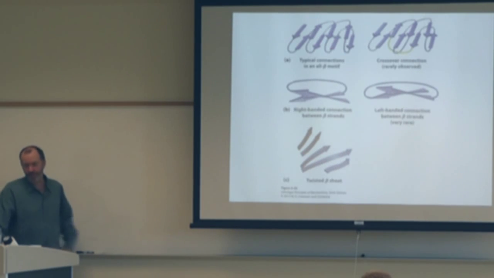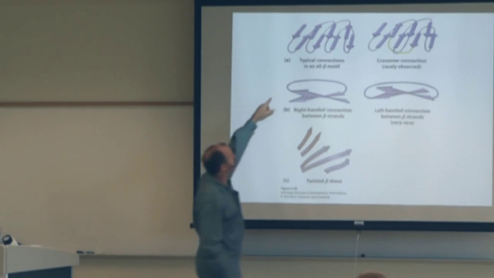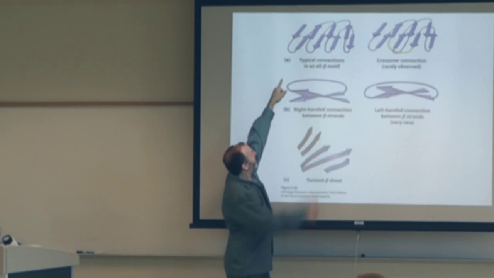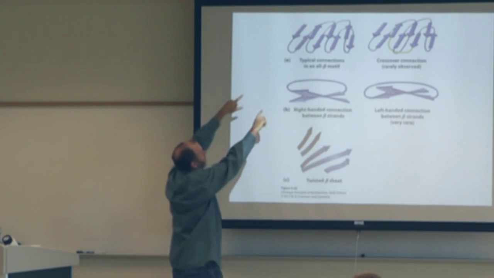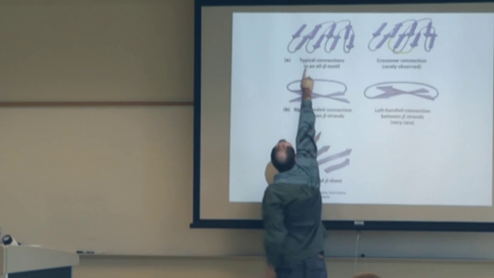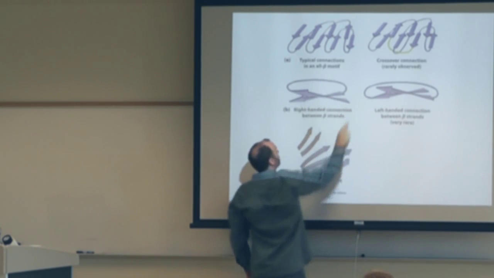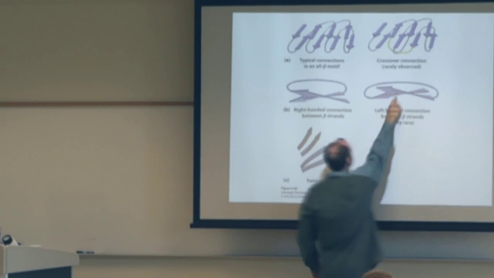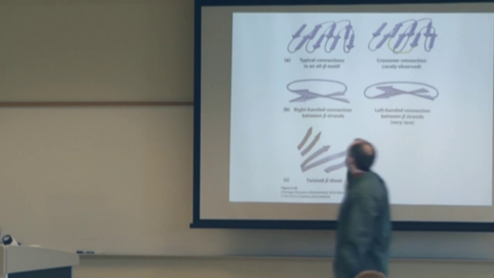You can also have typical connections in all beta motifs. So this is an all beta motif. In your typical connection, it looks staggered, right? So you have an anti-parallel where it just loops and loops and loops. Rarely you're going to see crossover type of connections like this.